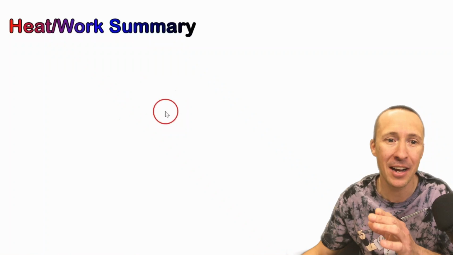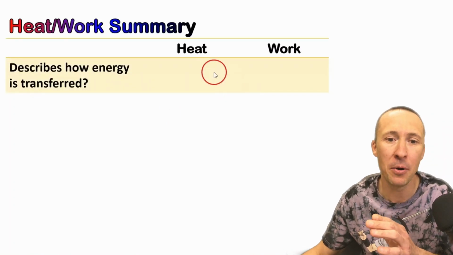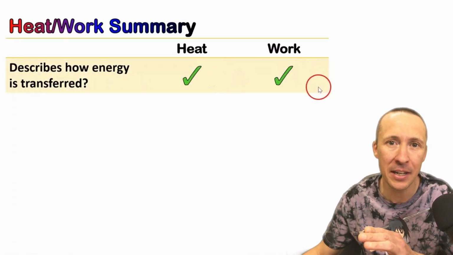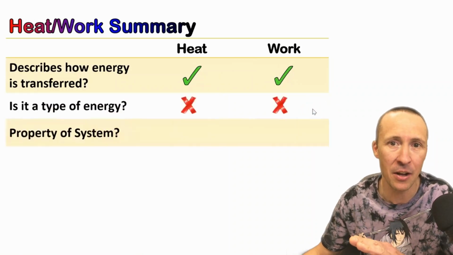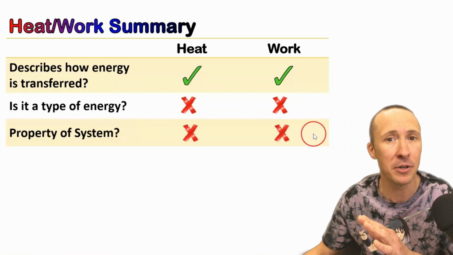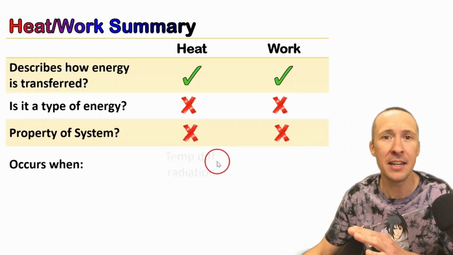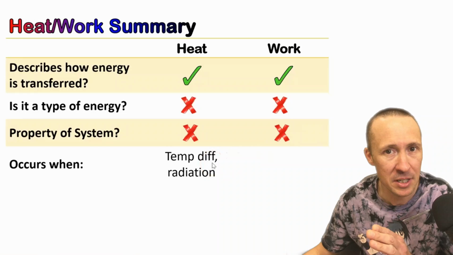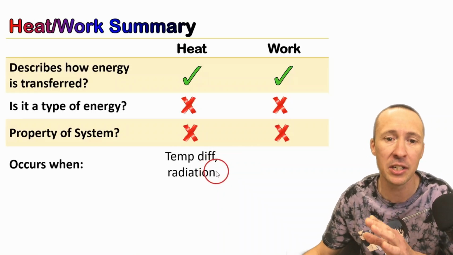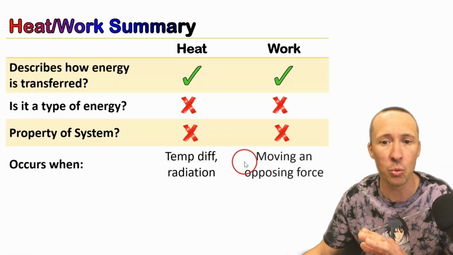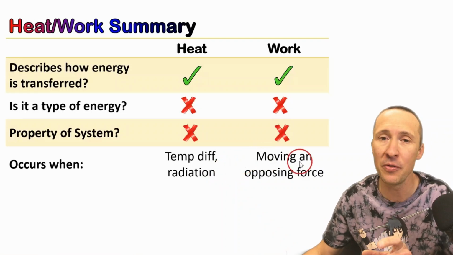Okay, so to summarize the two of them, heat and work both describe how energy is being transferred. They are not a type of energy themselves, and as such, they are not properties of the system. Heat occurs when you have a temperature difference between bodies, also due to the absorption or emission of radiation can result in heat, whereas work, very simply, is moving an opposing force.